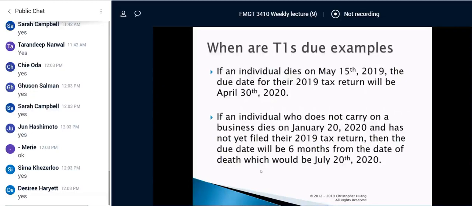Well, guess what? They will get 6 months from the date of death. Okay? So it's a little tricky because it's not just within the calendar year. You have to look at what their filing deadline is. Did they die before the filing deadline? That's part of the things that matter. Okay? Does that make sense on some of the technical trickiness on the date of death?